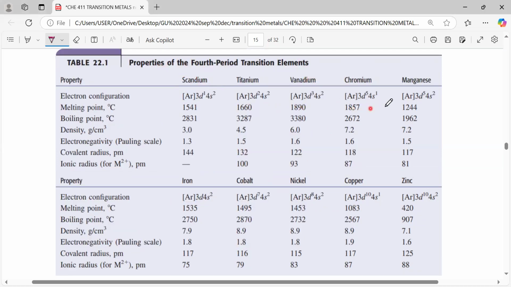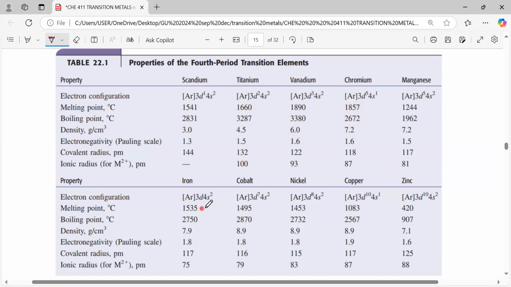So as I get to the center, D5, I can see my melting point is almost at maximum. Around D5, my melting point and boiling point are almost at maximum, but mainly the melting point.